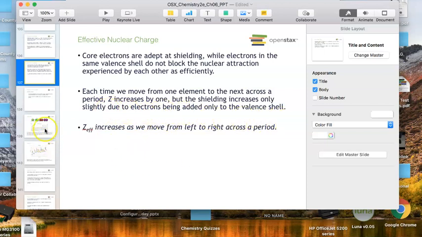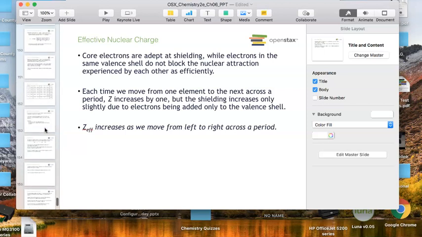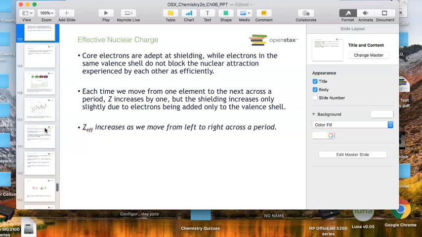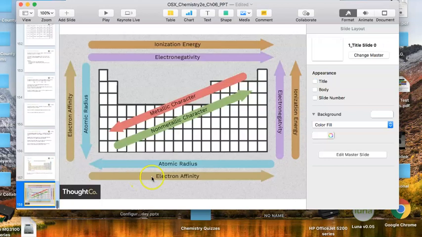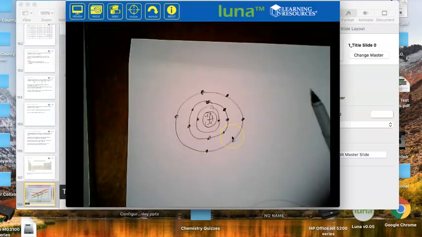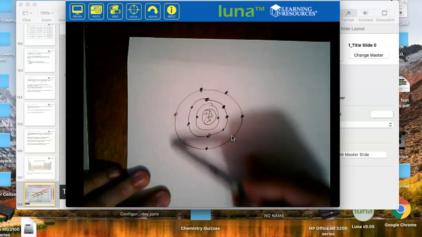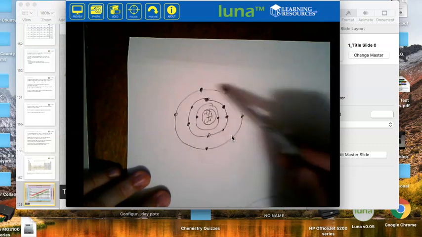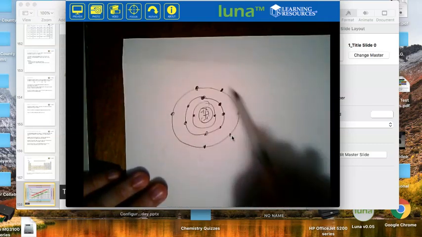So what they're saying is, as we go from left to right on the periodic table, since we're adding electrons to the same energy level, we keep adding electrons here, and your shielding isn't going to be affected.